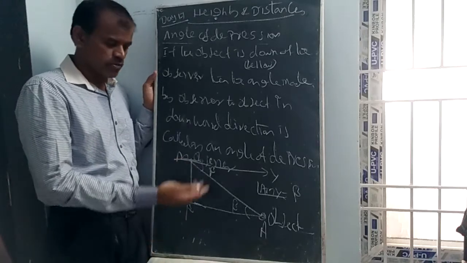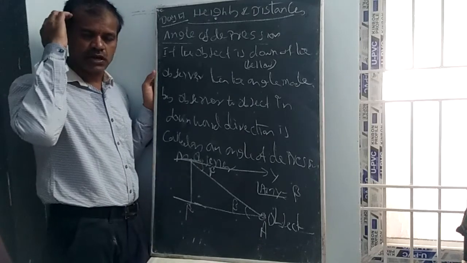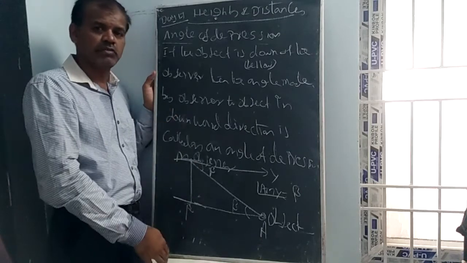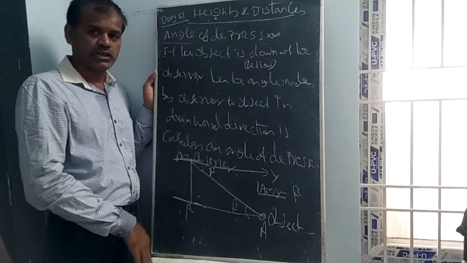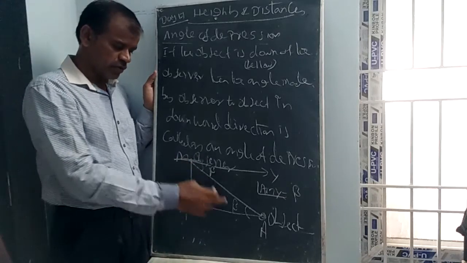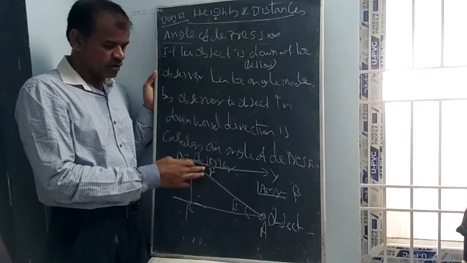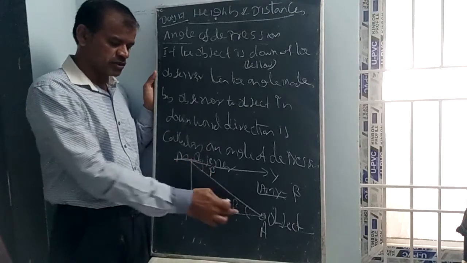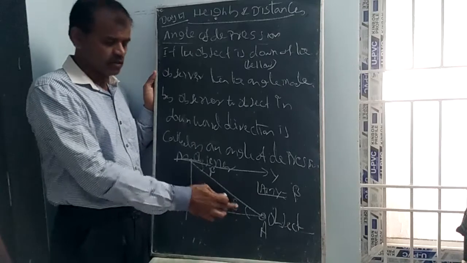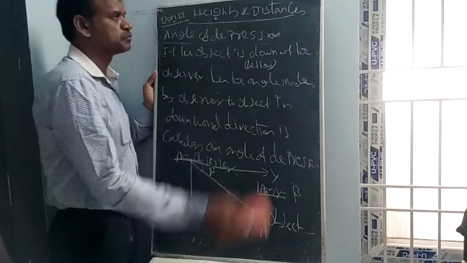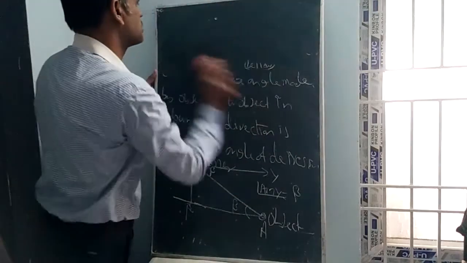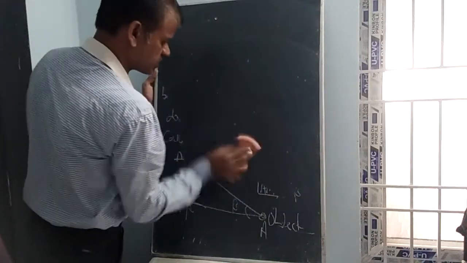The angle made by the observer in upward direction is the angle of elevation, and in downward direction is the angle of depression. So when beta is given, depression or elevation, you can calculate using the right angle triangle. All heights and distances sums depend upon the right angle triangle only.